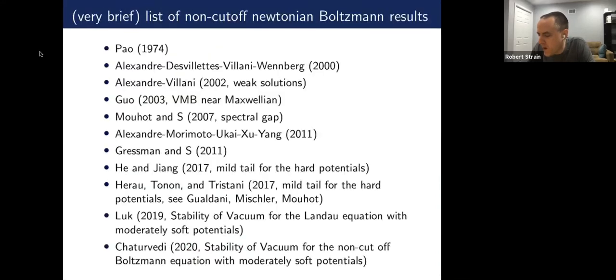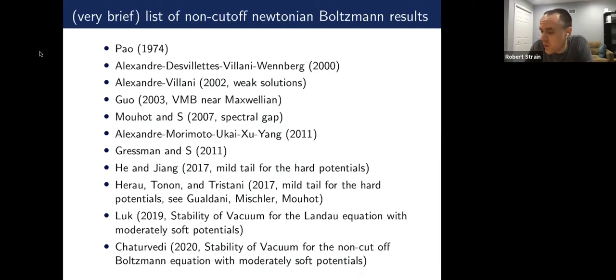And I'll show you a very brief list of non-cutoff results for the Newtonian Boltzmann equation. So you have this result by Pao that I mentioned from 1974. Pao was a postdoc at the Courant Institute, and he proved a very interesting result using special functions to study the non-cutoff Newtonian Boltzmann equation.